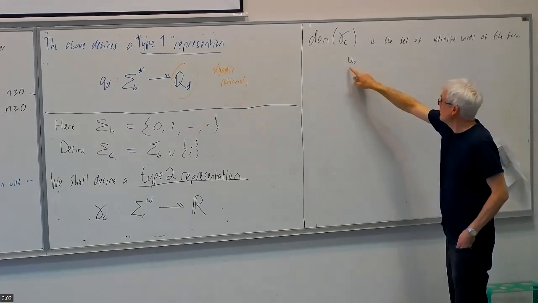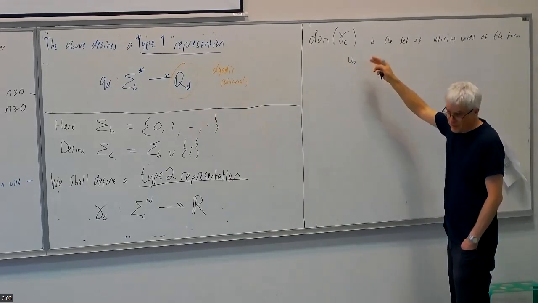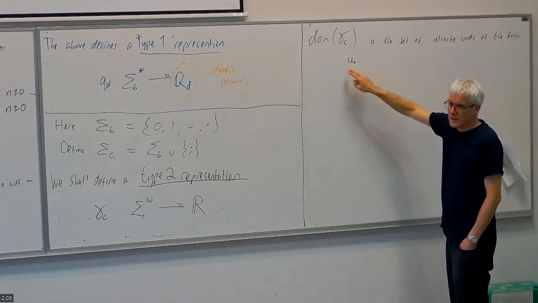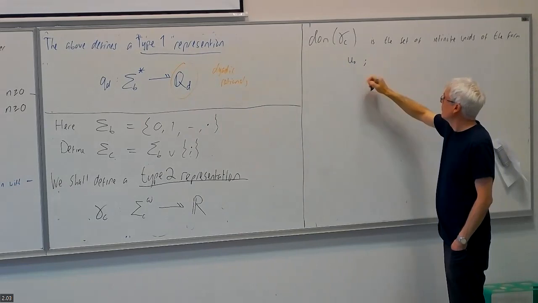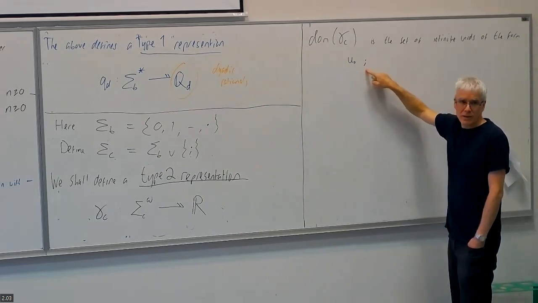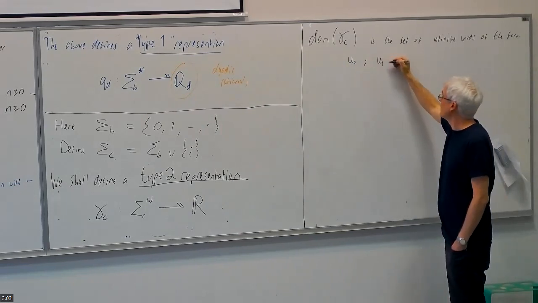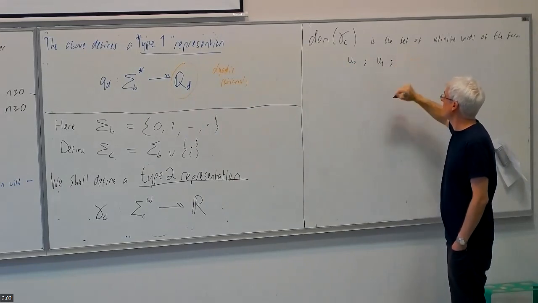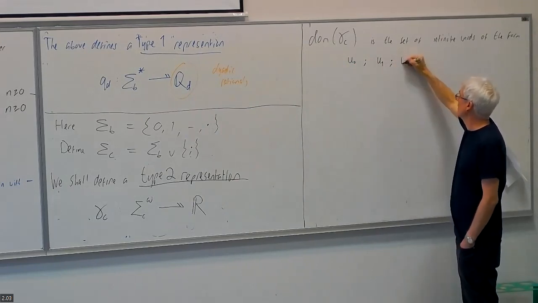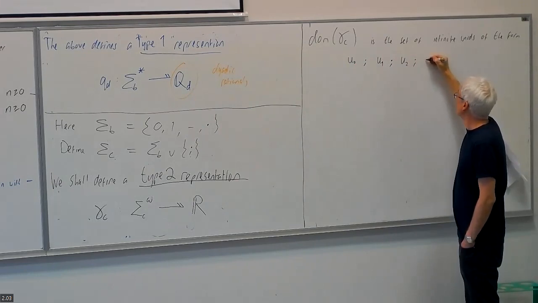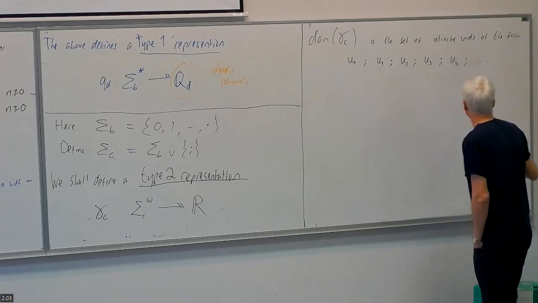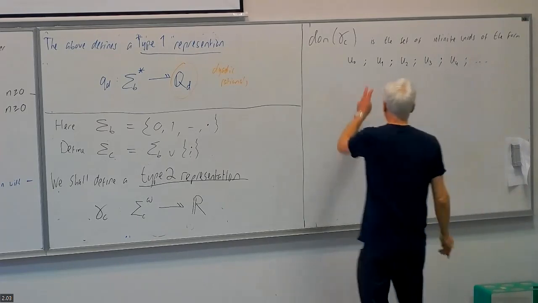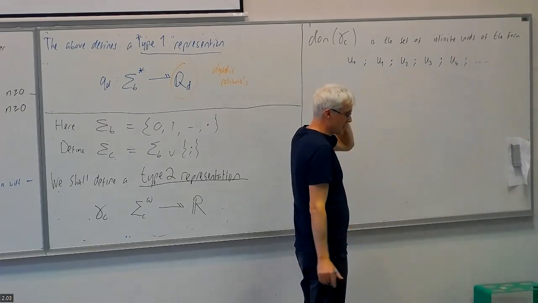So U0 need not be a single character, it is just a finite word representing a dyadic rational number, followed by a semicolon, a single character, as separation, followed by U1, another representation for a dyadic rational, followed by a semicolon, then U2. So we're always using semicolon as a separator, and it carries on like that. In between, we have words representing dyadic rational numbers.